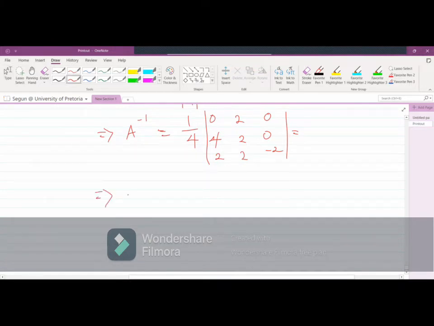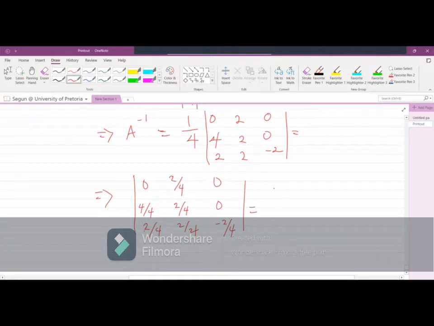1 over 4, open the bracket: this one will be 0, 4 over 4, 2 over 4; 2 over 4, 0, 2 over 4; 2 over 4, 2 over 4, minus 2 over 4.